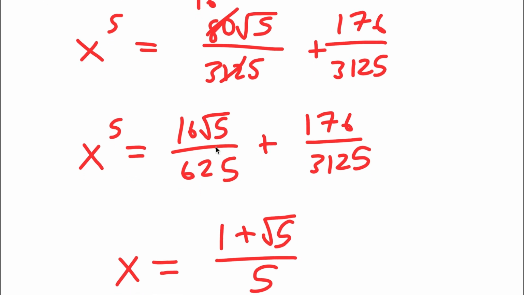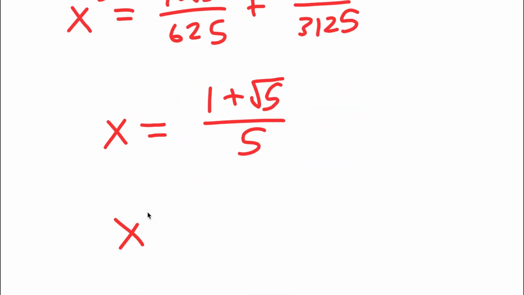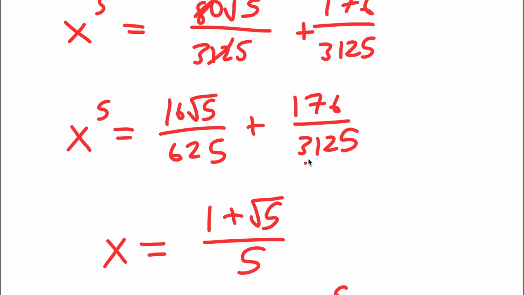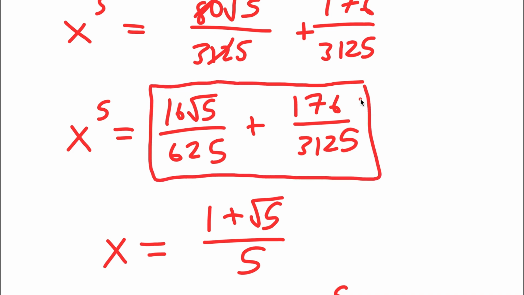We have x to the power of 5, which is equal to (1 plus the square root of 5) over 5, to the power of 5. Meaning, this right here is our solution to this expression. This is the solution in its most simplified form.